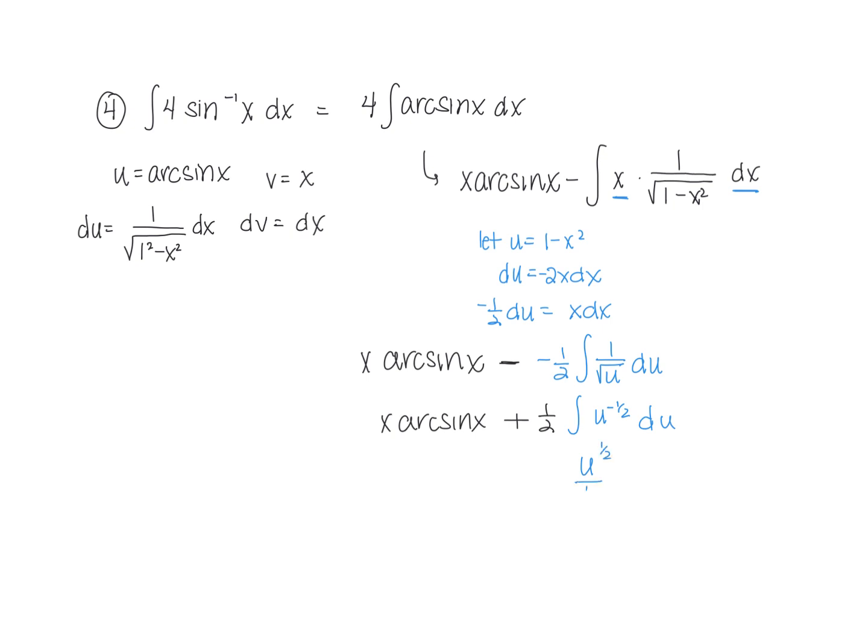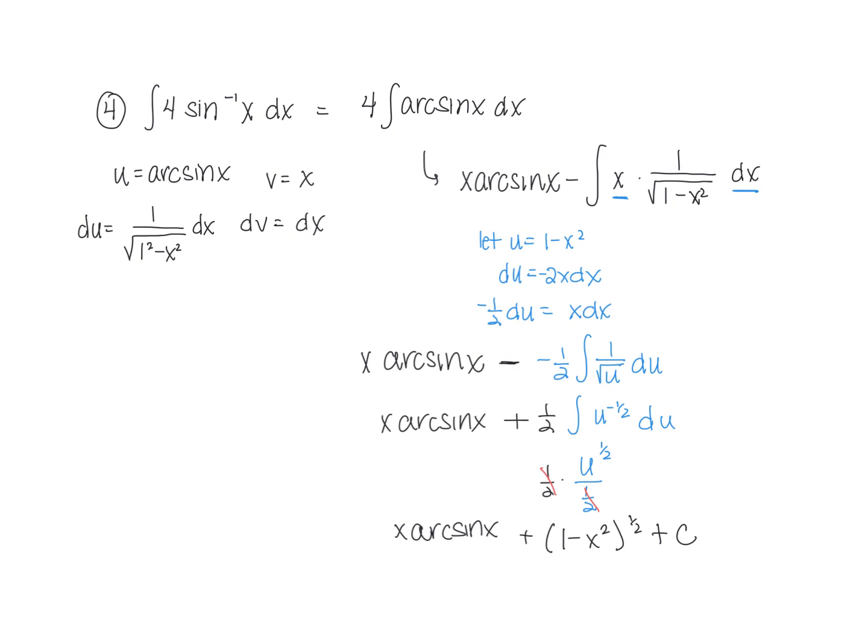I'm going to divide by that degree, but I already had that 1/2 out front, so these are going to end up canceling anyway. And then I'm going to need to substitute back in my u value. So we would have x times the arcsine of x plus u to the 1/2. Well, u was 1 minus x squared to the 1/2 power plus c.